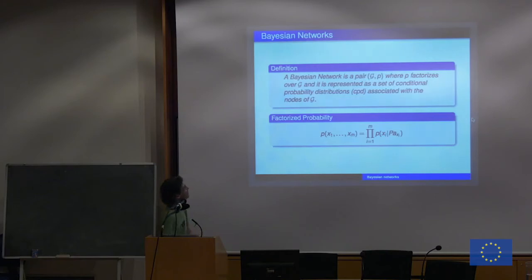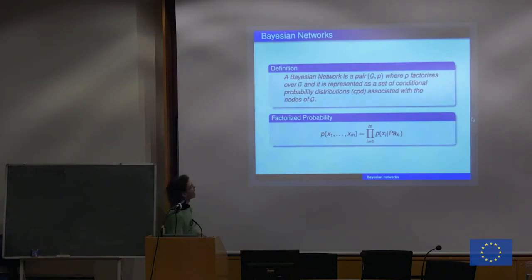A Bayesian network is actually a pair: you have a graph and a probability distribution P, and in this pair, P factorizes over G. The way you can represent it is as a set of conditional probability distributions associated to each of the nodes in the network, which represents P of xi given the parents.